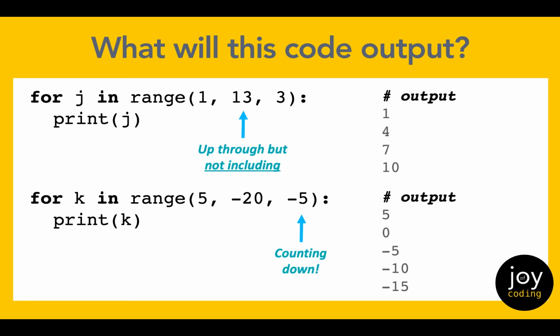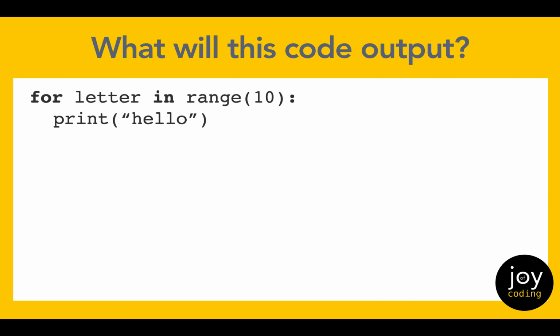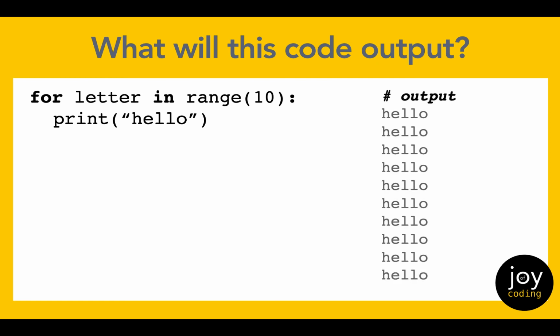Great job. So if you were able to get these well, then you're ready for a couple slightly more challenging problems. Let's push your knowledge here with some challenge problems. For letter in range(10), print hello. Do you think you have it? If you said the output will be hello 10 times, you are correct. Why?